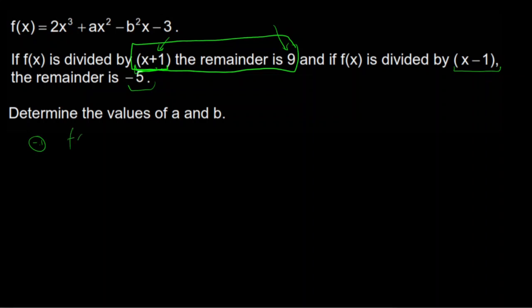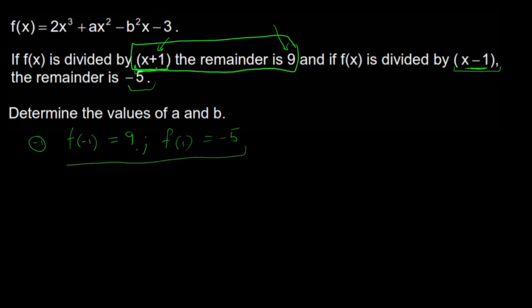So we'll have f of negative 1 being equal to a remainder of 9. So that gives us something to work with. By the same token then, if the factor is x minus 1, then the value of x we are investigating is 1, and that remainder is negative 5.